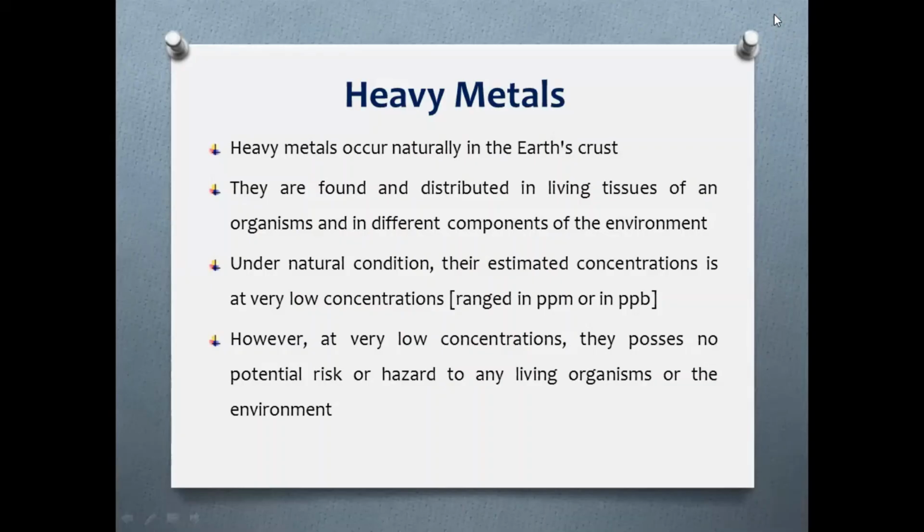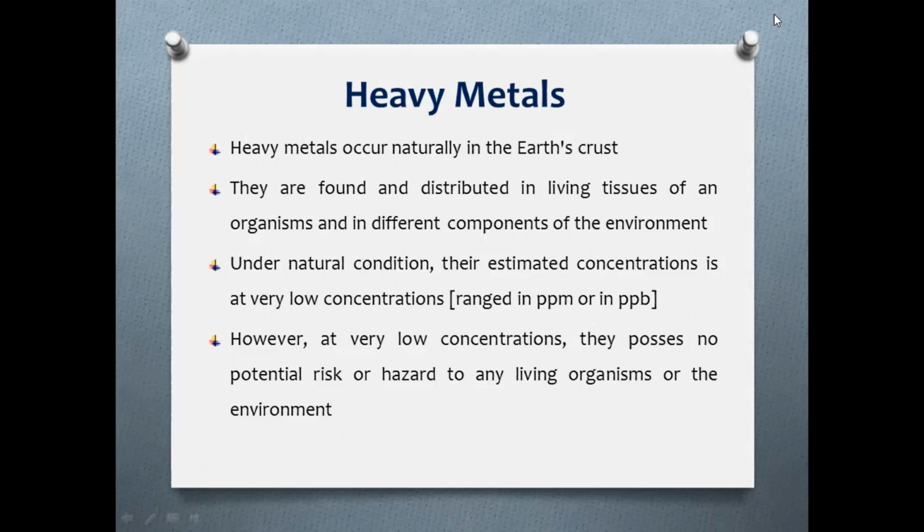To begin this video, first of all, let us briefly try to understand what are heavy metals in the environment. Heavy metals are naturally occurring elements found in the earth crust. Due to this, heavy metals are found to distribute in different living tissues of an organism and also in various components of the environment.